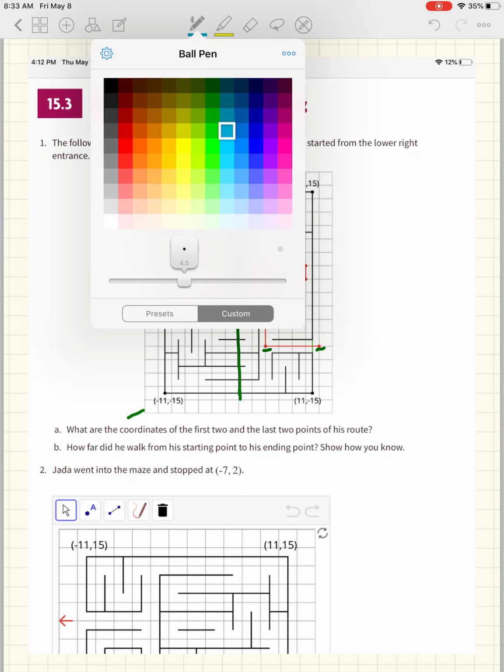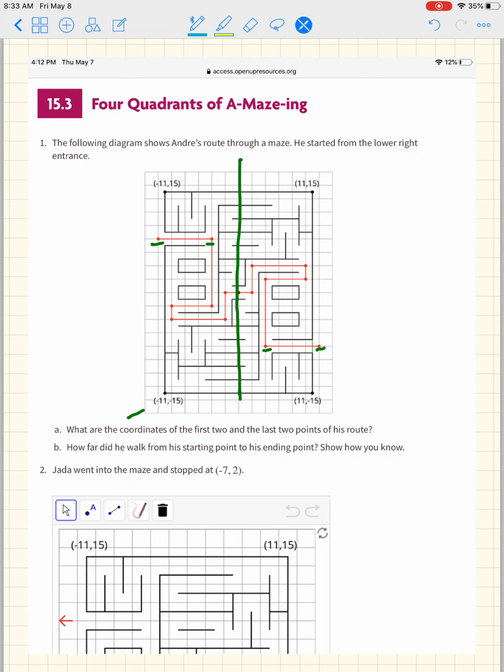The next thing that we need to do is find the halfway point on the other axis. So we know we have positive 15 and negative 15. So if we count these squares, we have a half here and a half here, and then we have 1, 2, 3, 4, 5, 6, 7, 8, 9, 10, 11, 12, 13, 14, and half a half makes 15.